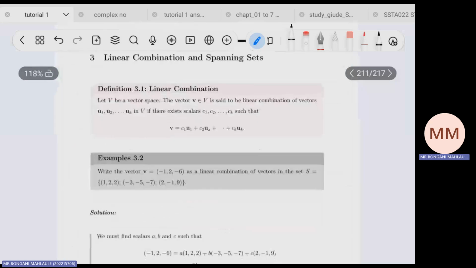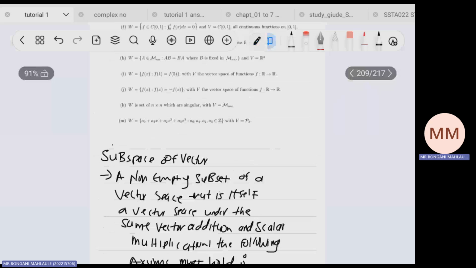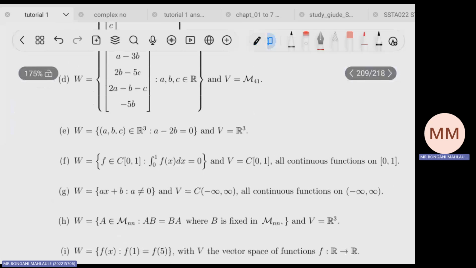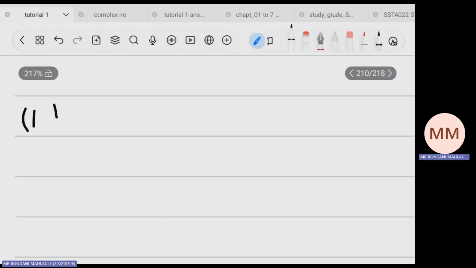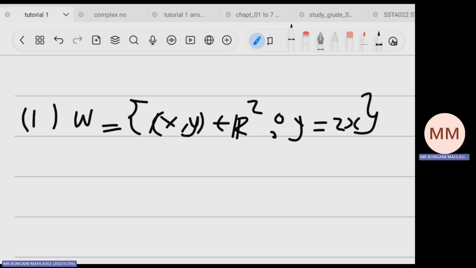So let's come to your tutorial here. Tutorial 2. Let me first start with my own example to explain what's happening. Number one, suppose W is equal to the set of (x, y) in R2 such that y is equal to 2x.